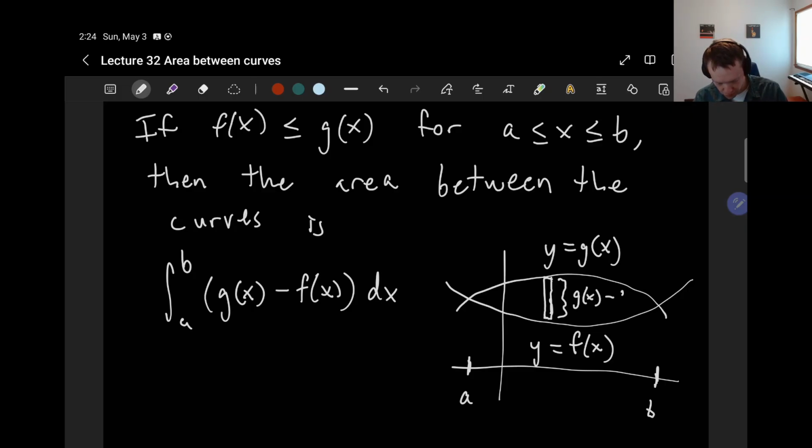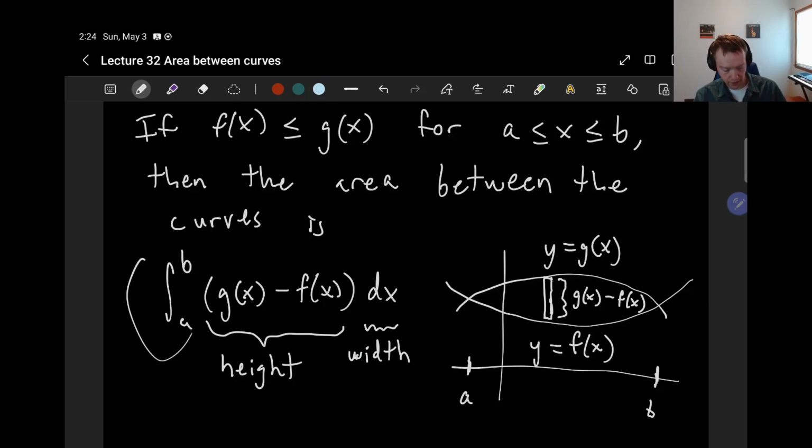It's g of x subtracting off that height from f of x. So think of this as the height of your rectangles if you're doing a Riemann sum, and dx is like the width. This integral sign is like a sum, adding up all those rectangle areas. This is just taking the limit as the number of rectangles goes to infinity, that is, you get a perfect approximation of the area.